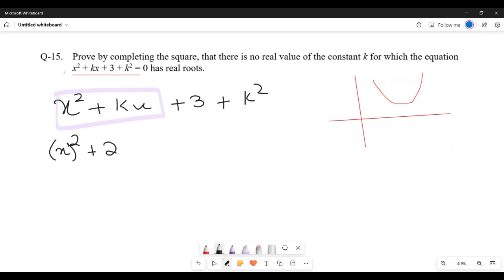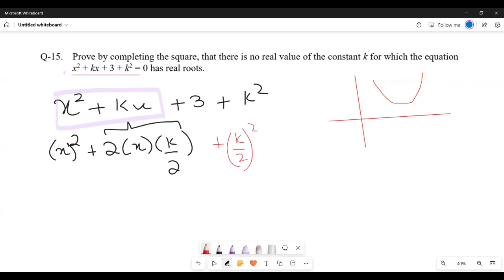So I'm writing plus 2. A is x. B has to be k by 2, so that this is still equal to this. So a square plus 2ab is done. Now we need plus b square. So that's going to be plus k by 2 whole square.